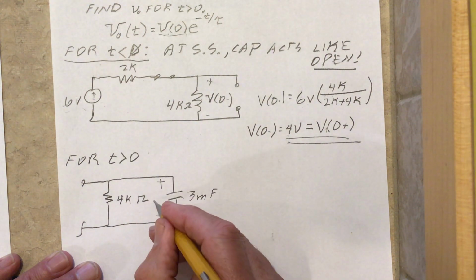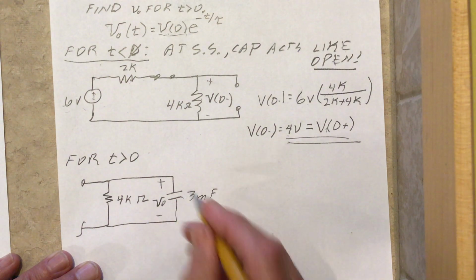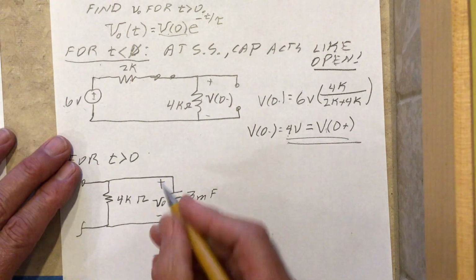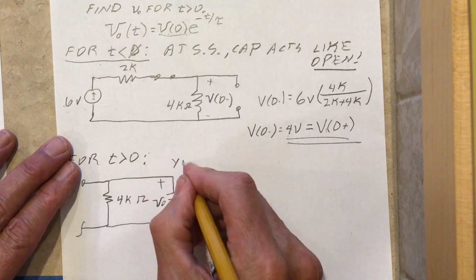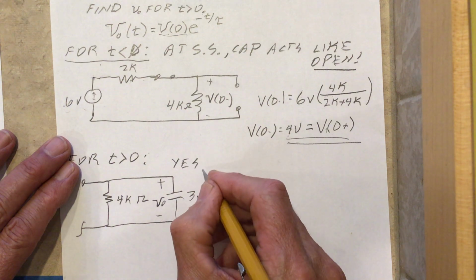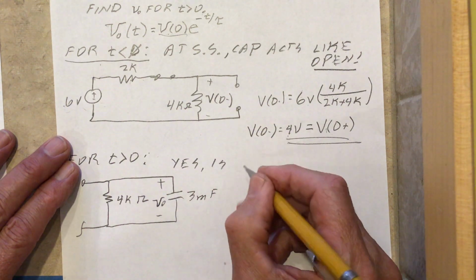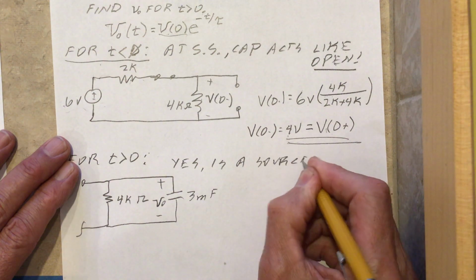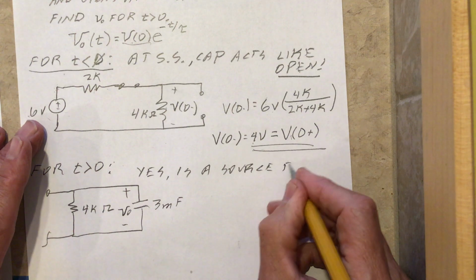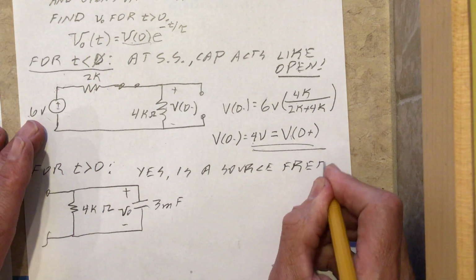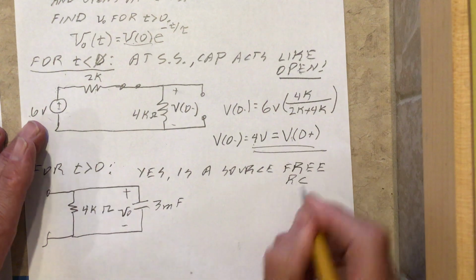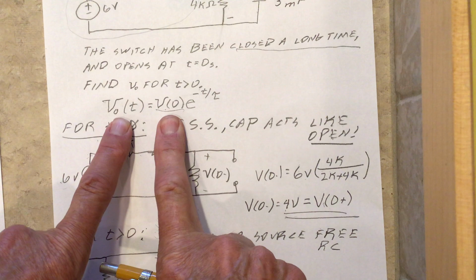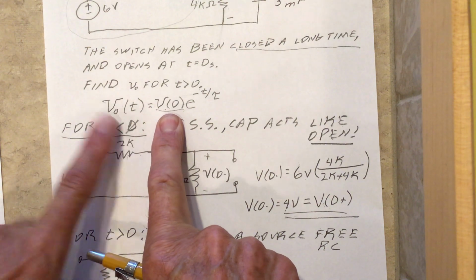And there's my voltage out. Okay, so we are in luck. Yes, it is a source-free RC circuit. This is important. We need to pay attention to that because this equation, which is one we're trying to solve, only works for source-free RC circuits.